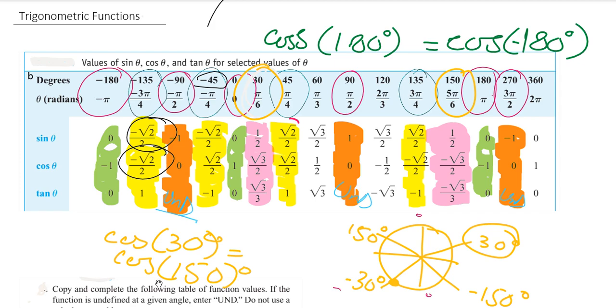Okay, you have to memorize these values: 1 over 2, negative under root 3 over 2, and negative 1 over root 3. Okay. So the last one that we can relate is 60 with 120.